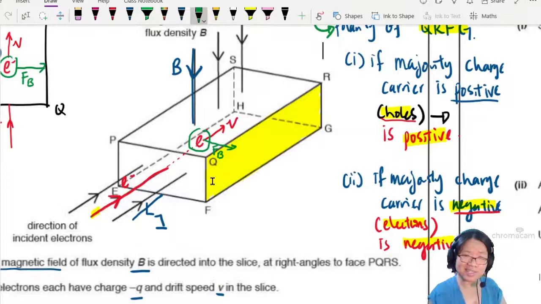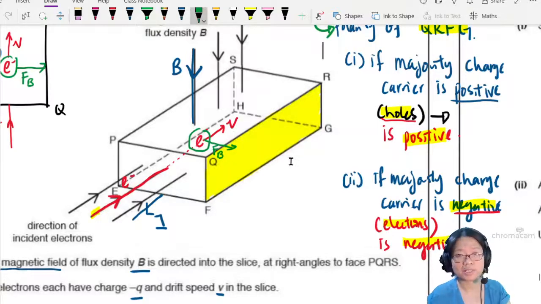So the question here is not that the FB changes direction, it's what is being attracted to this yellow color phase. Is it the electron? In that case, you're talking about the second case. This phase is negative. Is it the holes? In that case, you're talking about the first case. This yellow phase is positive.